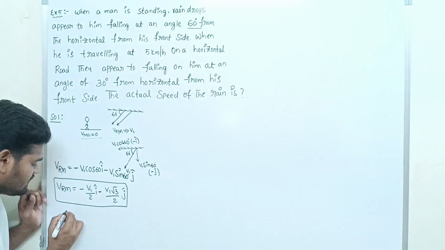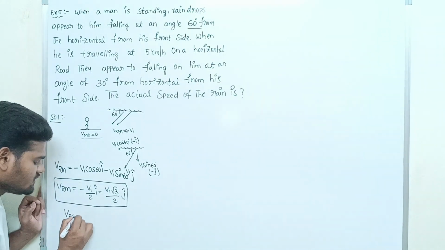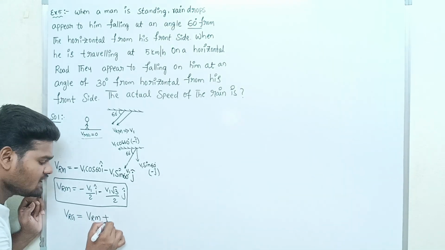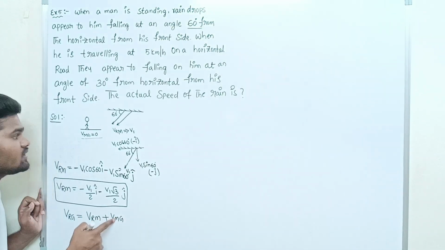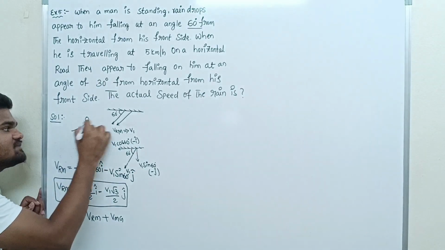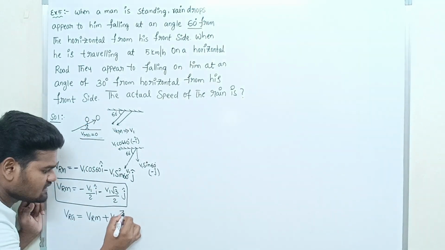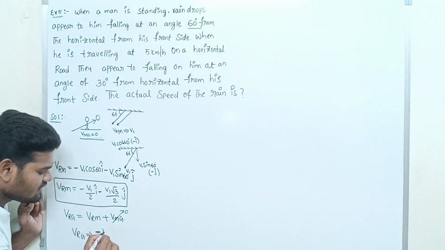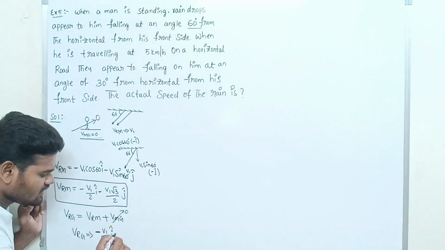Now if you want to find the velocity of rain with respect to ground, it is the velocity of rain with respect to man plus the velocity of man with respect to ground. In this case, the velocity of man with respect to ground is 0. So the velocity of rain with respect to ground is minus V1 by 2 i cap minus V1 root 3 by 2 j cap.